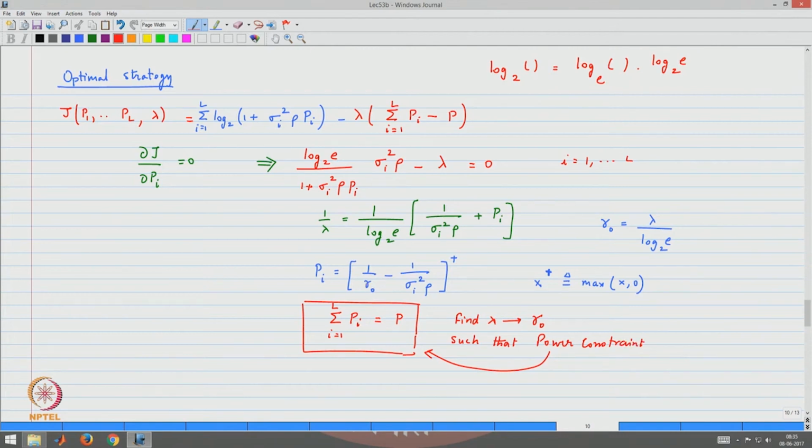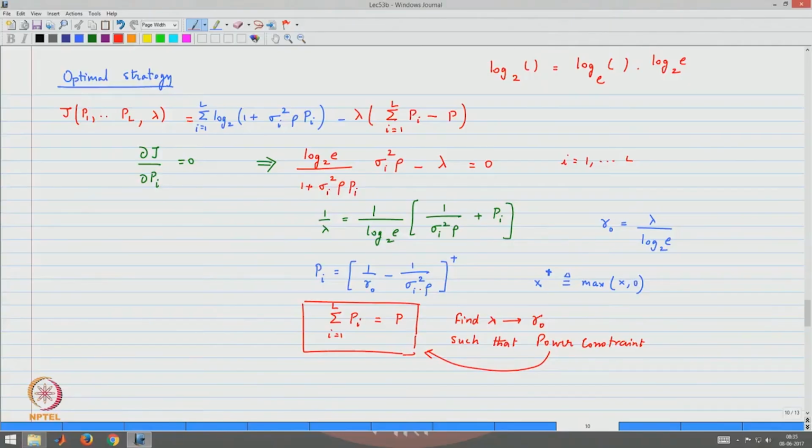So, what we find is that the power allocation is always done with respect to a constant value, and it is also dependent on the reciprocal of the SNR, where sigma I squared times rho is the SNR.